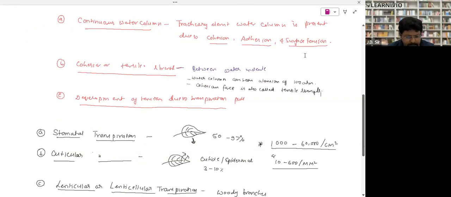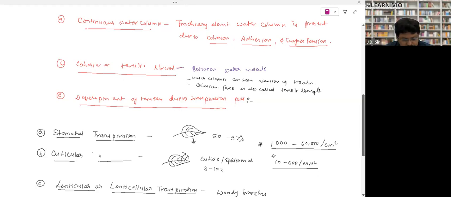Next subheading: development of tension or transpiration pull. Water vapor diffuses out of the leaf.